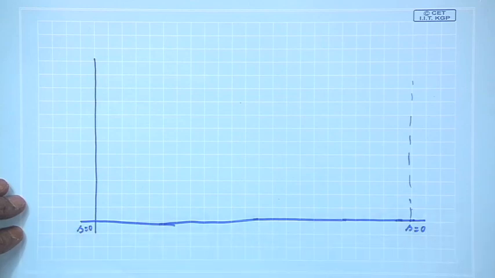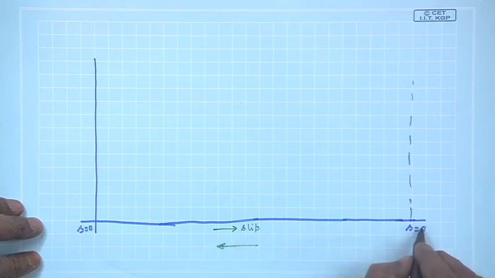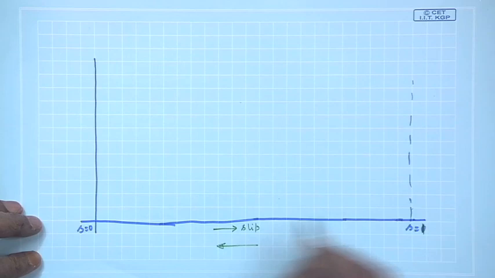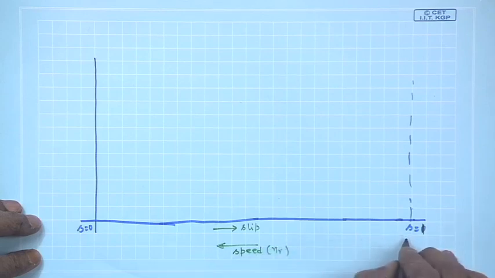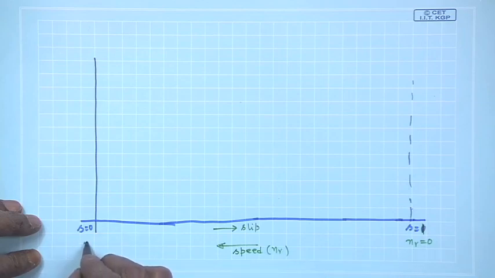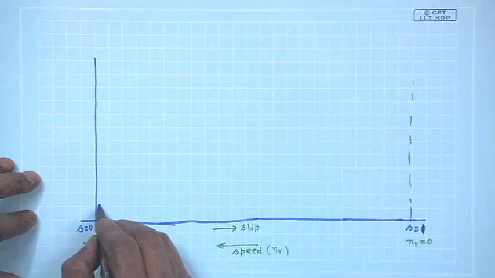And I told you also it is a good practice, so this side is slip, and this way also you draw, this is 1, this way you draw speed, which is N R, and the N R value is just opposite, N R equal to 0, and this is N R equal to N S, like this. And then the torque slip characteristics will be somewhat like this.